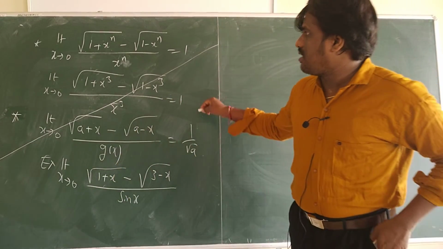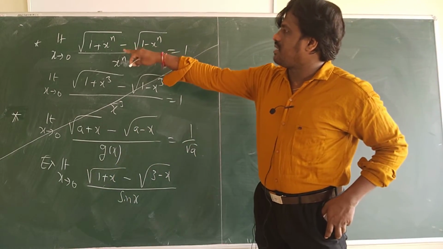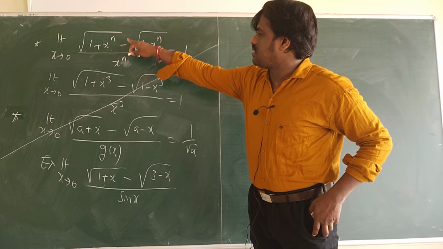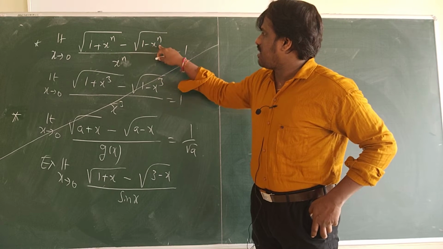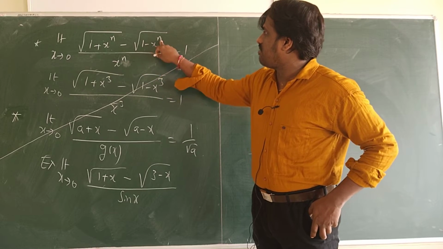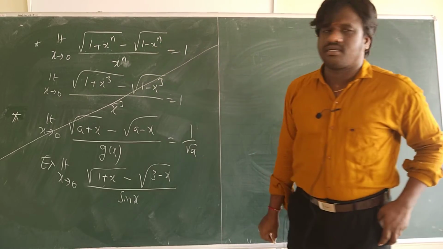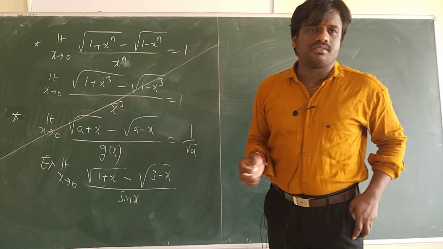See, this is the formula. Whenever you have limit x tends to 0, under root of 1 plus x whole power n minus under root of 1 minus x whole power n over x power n, you will get 1 directly. You can see examples and do it.